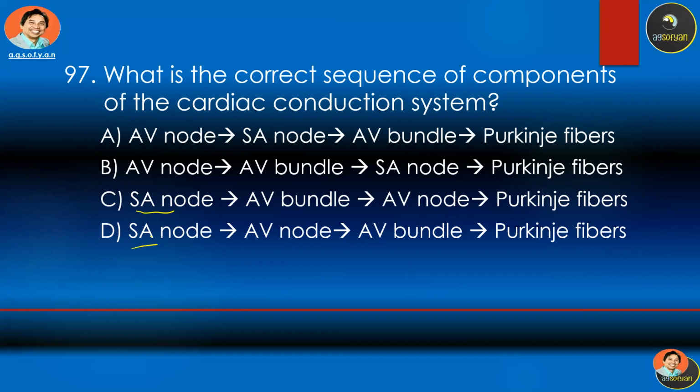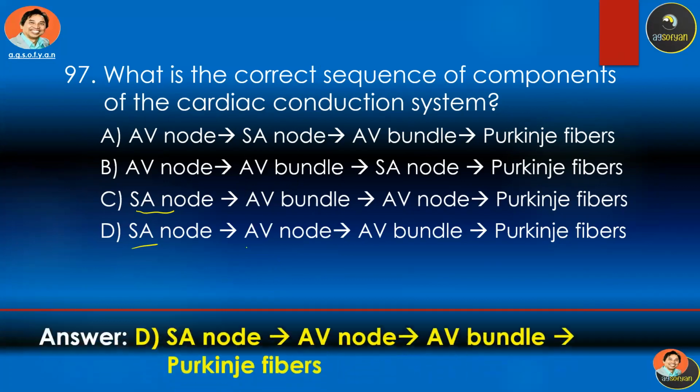From the SA node, it will go to the AV node, the atrioventricular node, then to the atrioventricular bundle, and then finally to the Purkinje fibers. So start with the SA node.